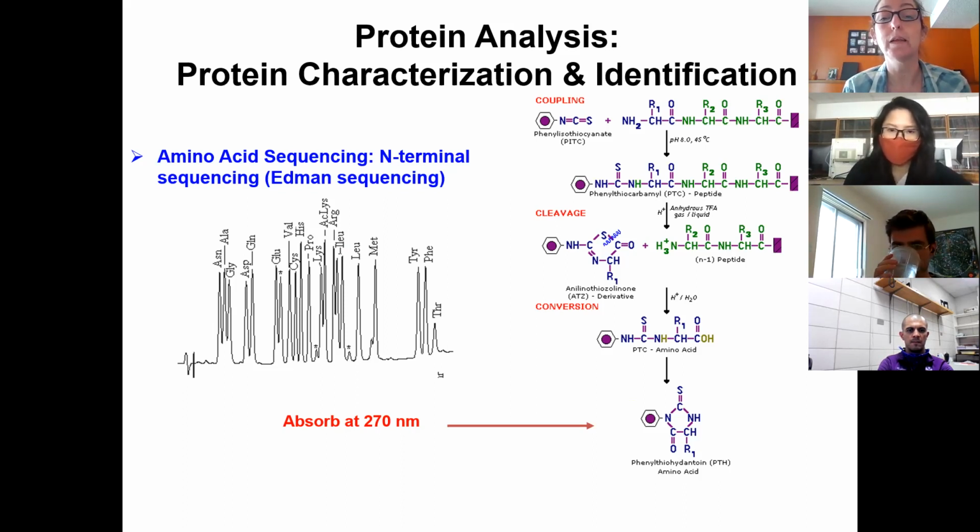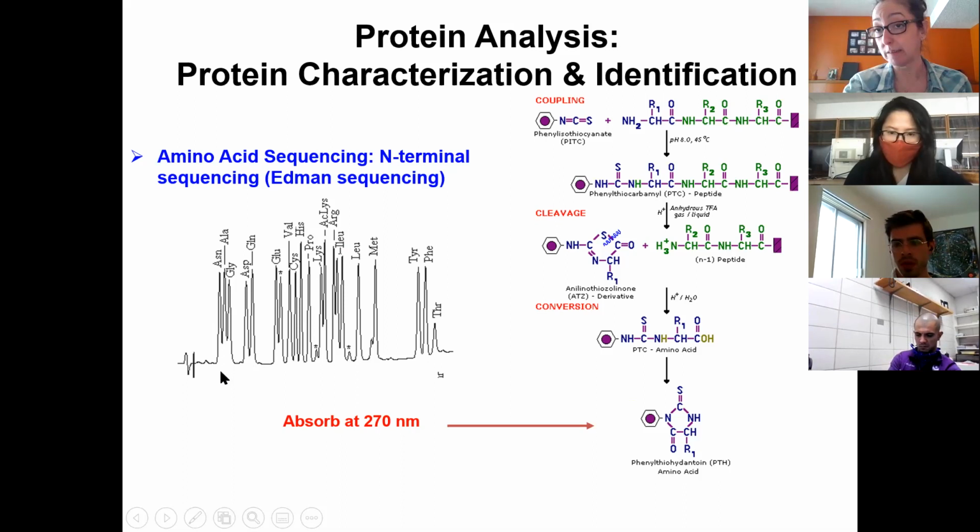So basically a reagent reacts with the first amino acid from the N-terminal, breaks the bond, and you end up with a compound that gets detected by absorbing light at 270 nanometers. Every cycle, the reagent reacts with the next amino acid, so it reacts with one amino acid at a time.